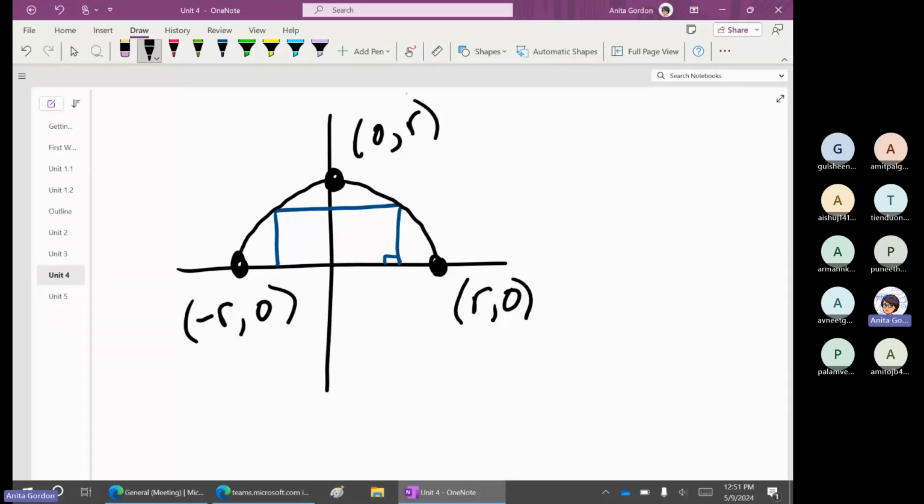Okay, we want the largest area. What can you tell me about this rectangle and its dimensions? Yes, we know that the radius must reach that corner. What else can you tell me?